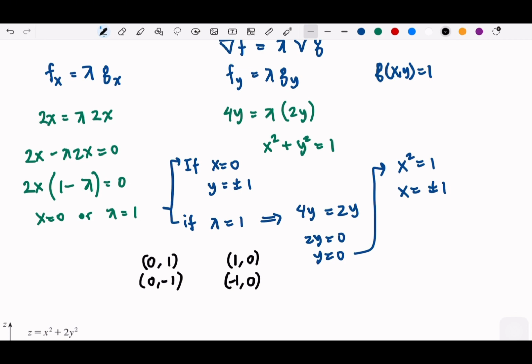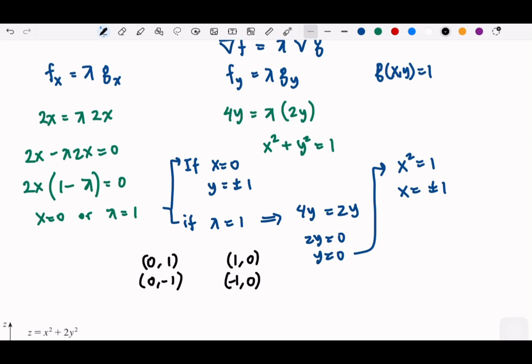So you need to put in every possible point from our calculation here. We need to determine all possible points that we get. For example, here x can be 0 or lambda is equal to 1. And when x is 0, if we see the constraint function, y could be plus minus 1 because of y squared here.